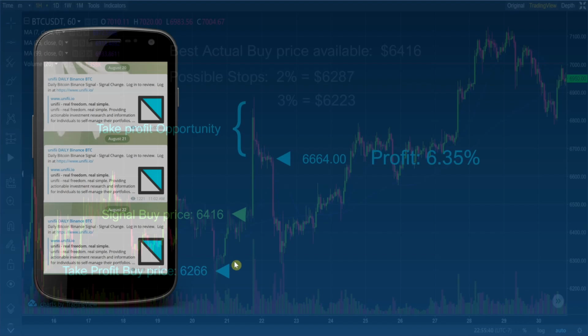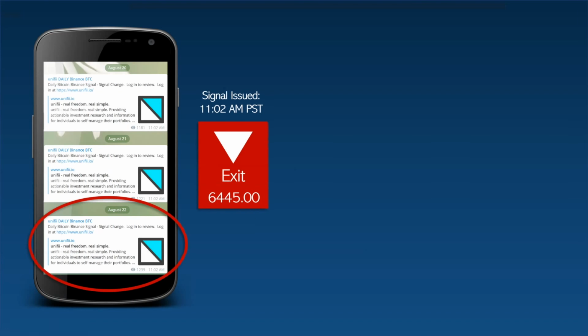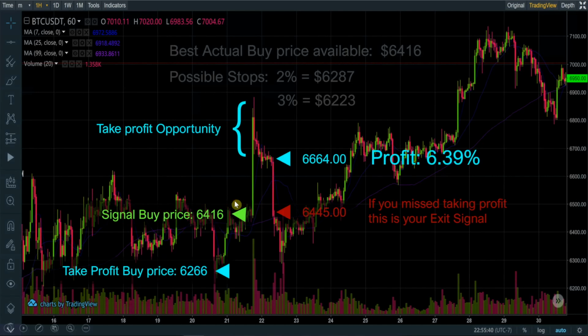Our next signal coming in is a sell, even though we already have sold from the stop loss. All right, but if you did not put your stop loss in, this is now your new sell signal at 64.45. All right, and that would be right here. All right, so if you did not sell here, this is now your sell position.